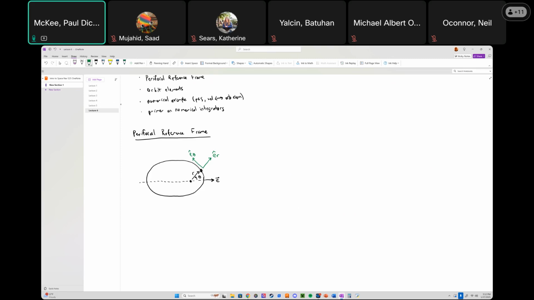So we've got a rotating orbit frame where e_r points along the position vector. e_theta is perpendicular to e_r, points toward increasing theta.